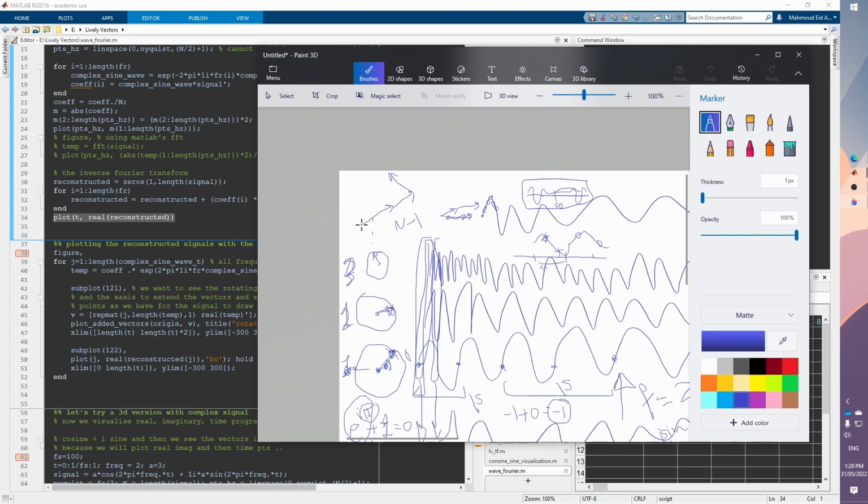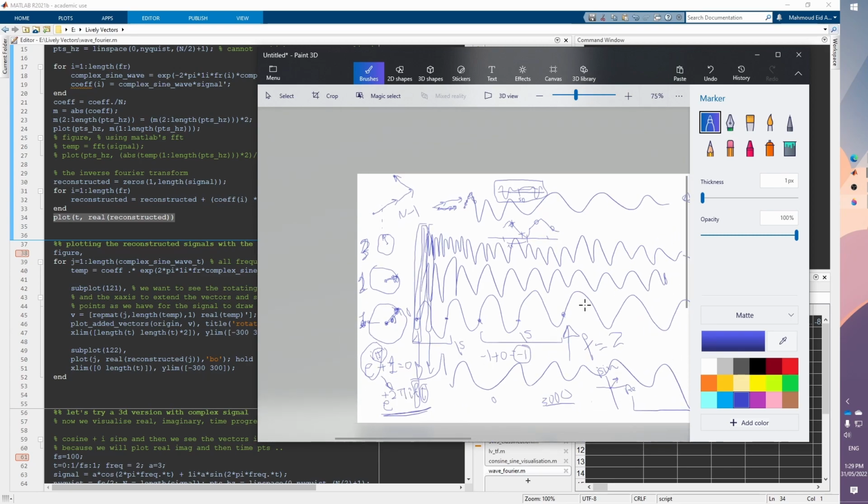So if this is your origin 0 0, and you are adding them, you are sticking them together like that, and you see the position of the end point, the tip of this arrow, or end effector if you are really into robotics. You would say that this point corresponds to something on the x-axis and something on the y-axis, a real value and imaginary value basically, and that's how you will estimate your signal.